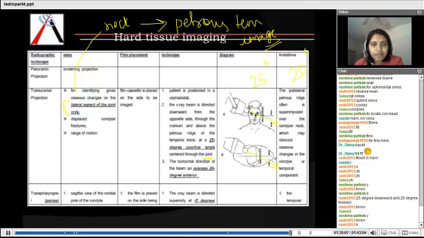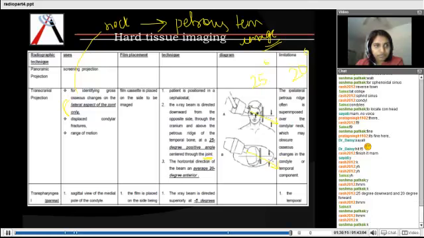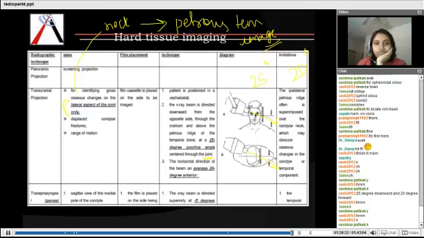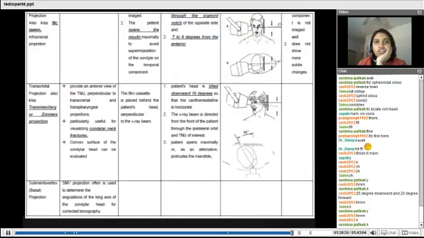Okay? Now then you have the transpharyngeal view. This transpharyngeal view is also called McQueen's view. Here what we do is, the film is placed on the side to be imaged.